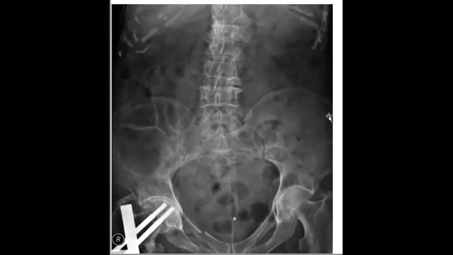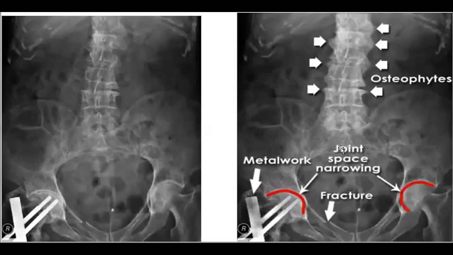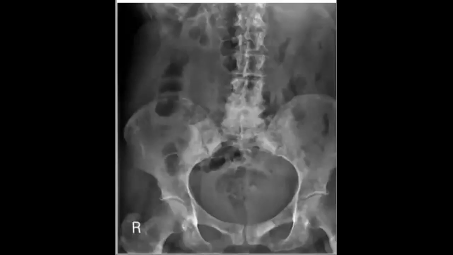The most important thing, for the exam and for practice also, is to see the acute condition. So this is an acute pelvic fracture in the right superior pubic bone. Perfect.